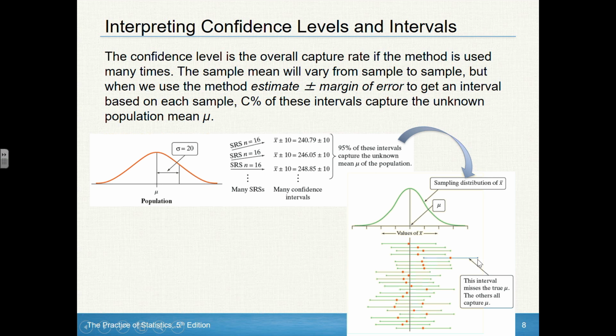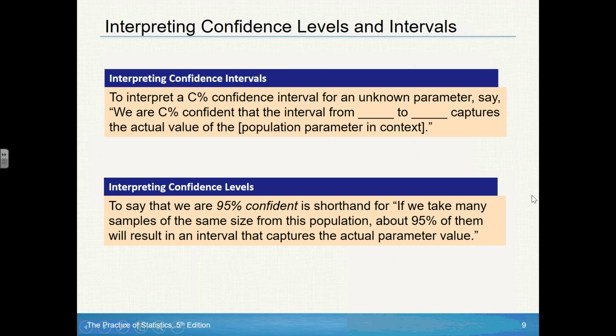So 24 out of 25, which is 96%, actually contained the true mean. And this is using a 95% confidence interval, so that's pretty close. Now, if we were to do this not 25 times but 250 or 2,500, we would see it get even closer to 95%. There's still going to be some variability in small sample sizes.